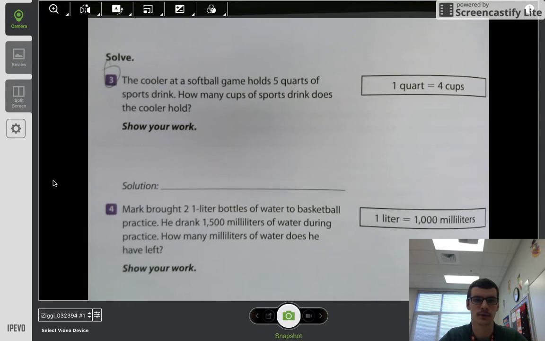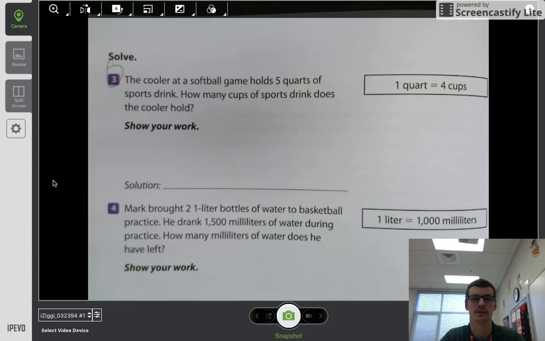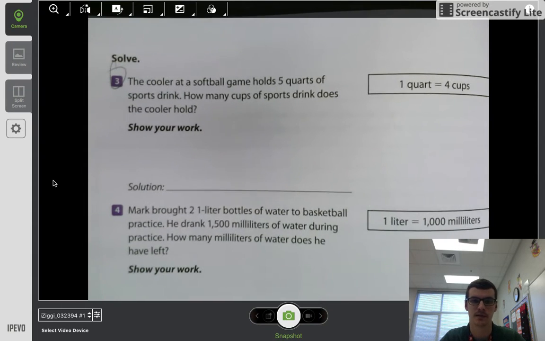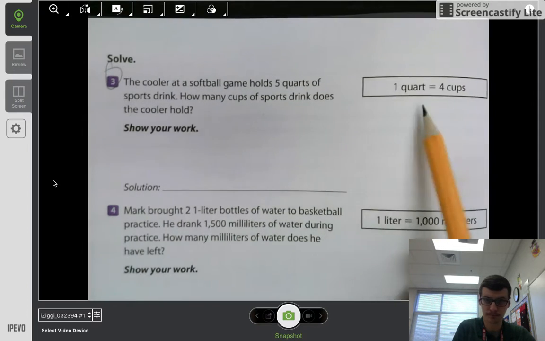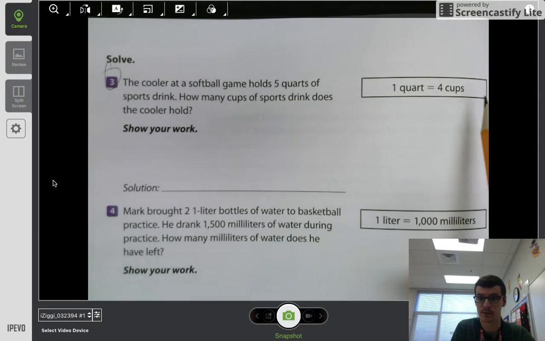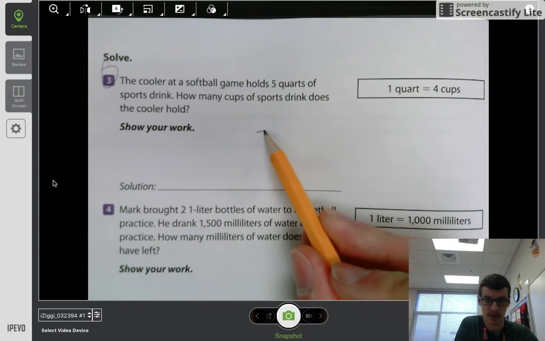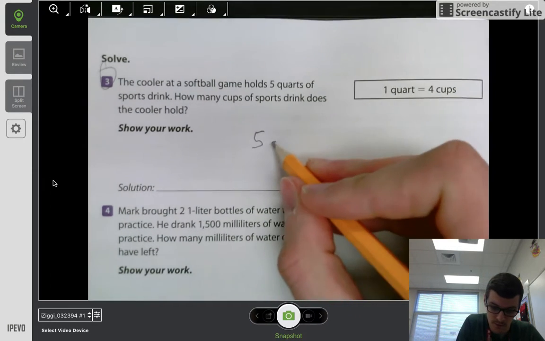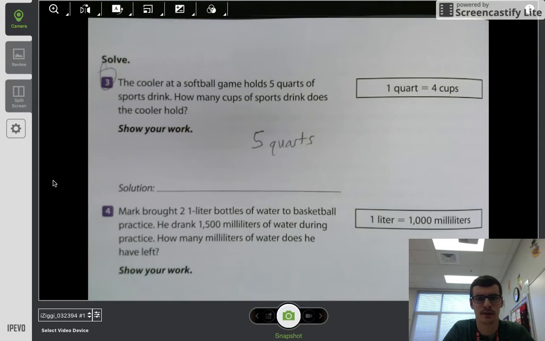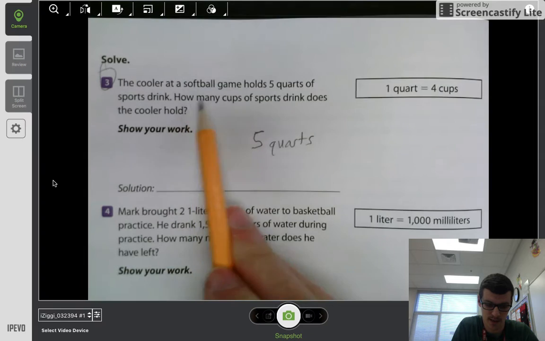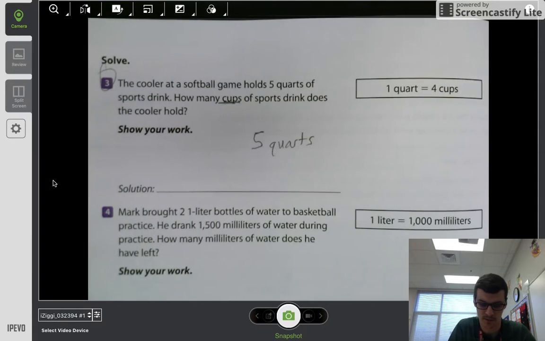It says the cooler at a softball game holds 5 quarts of sports drink. How many cups of sports drink does the cooler hold? Okay, so I have my 1 quart equals 4 cups. And I know that this is 5 quarts. My final answer has to be how many cups of sports drinks.